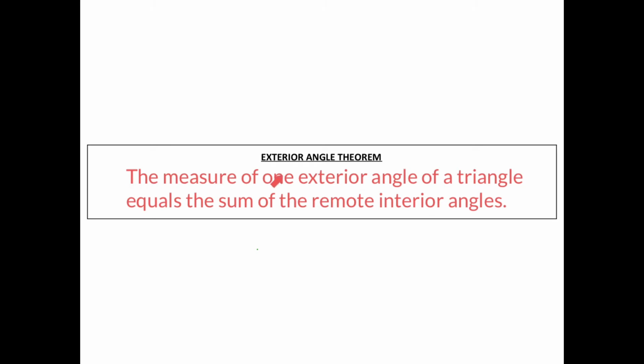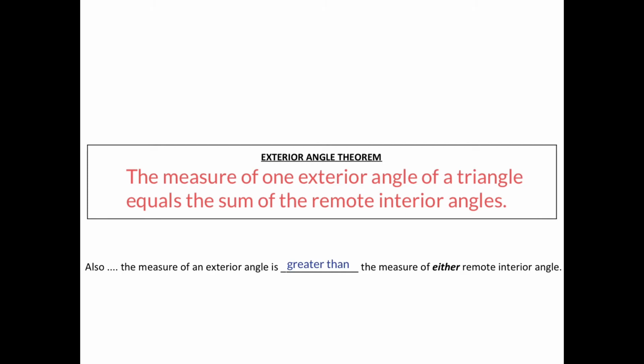The measure of one exterior angle of a triangle equals the sum of the remote interior angles. And in addition to that, or going along with it, the measure of an exterior angle is greater than the measure of either remote interior angle. So that exterior angle should always be bigger than either of those remote interior angles individually.